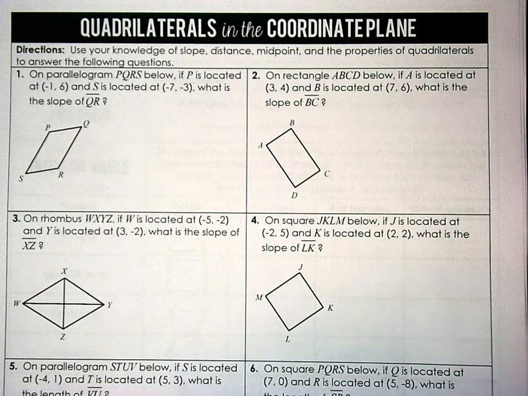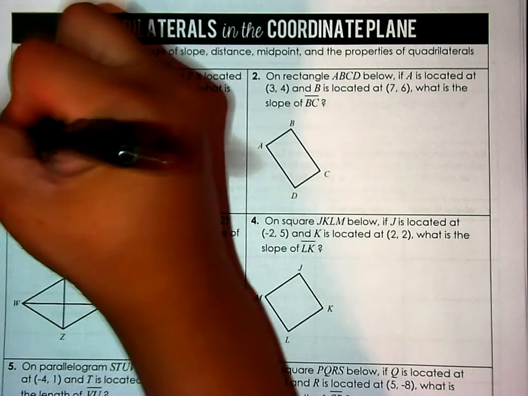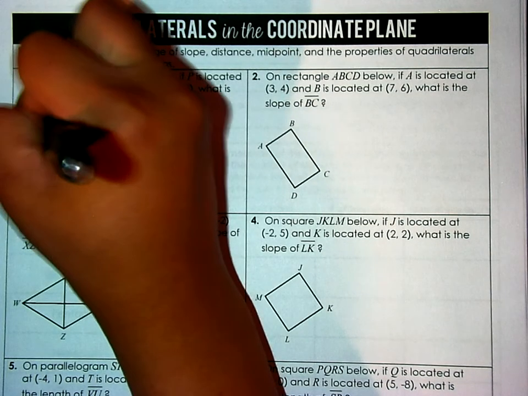Okay, so I'm going to go through the steps. Now I'm going to tell you what you need to do, and then we're going to do the work. So first, I'm going to write out a sentence as to what we need to do. So on parallelogram PQRS below, if P is located at (-1, 6), so I'm writing that in.